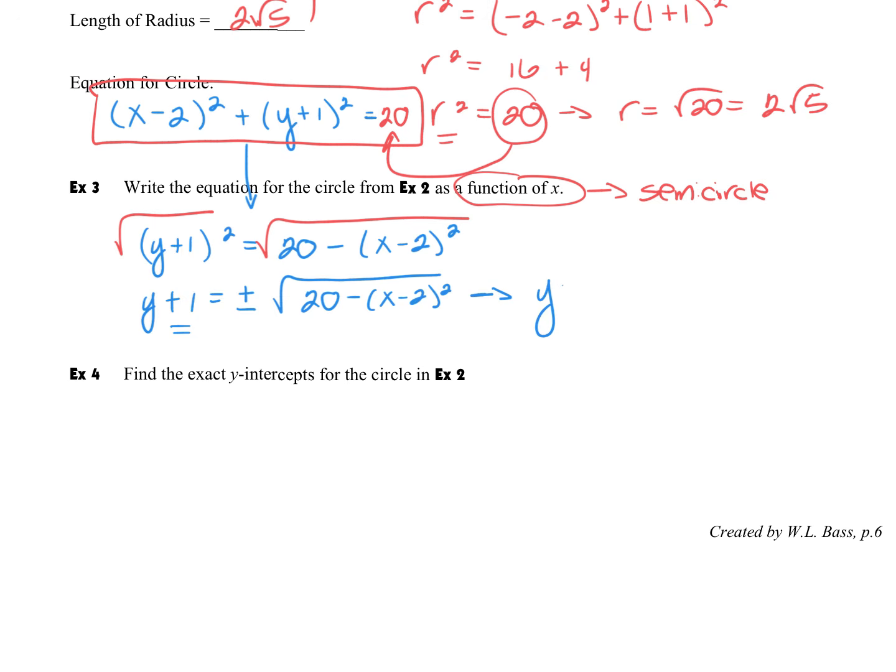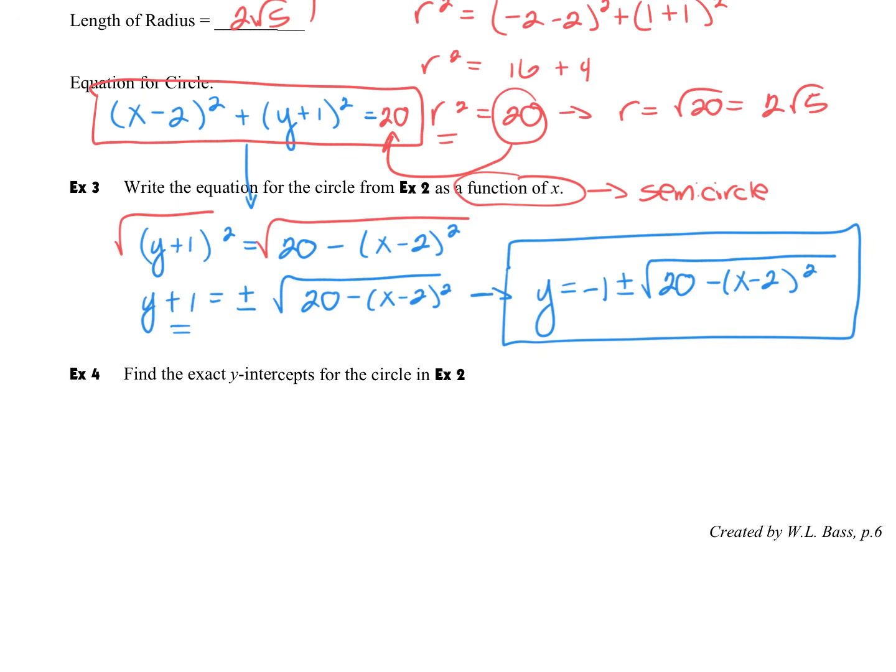So my equation is y equals negative 1 plus or minus the square root of 20 minus x minus 2 squared. This is the equation of our semicircle. So separately, this would give me the top half of a circle. This would give me the bottom half. You could even type this into Desmos and see those two pieces.